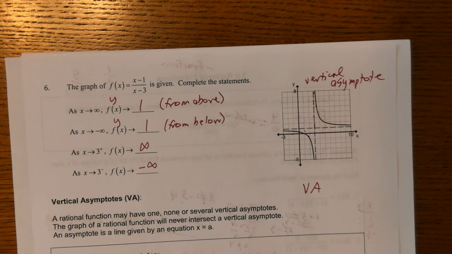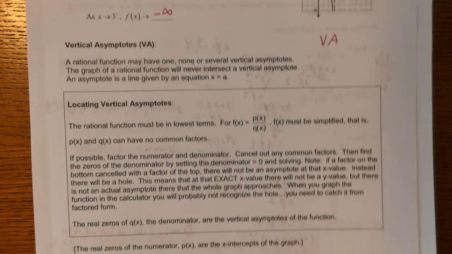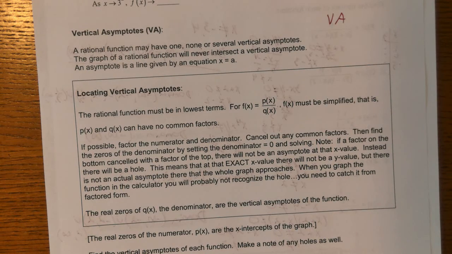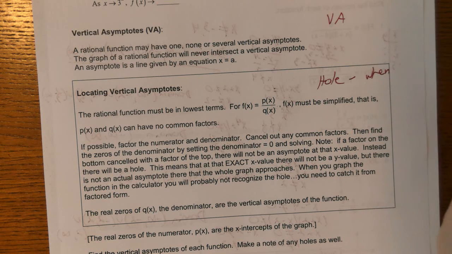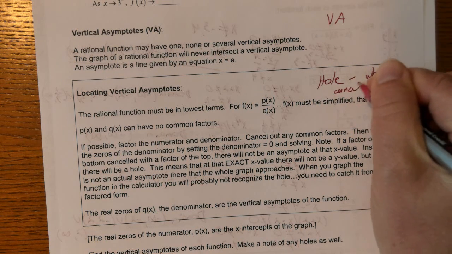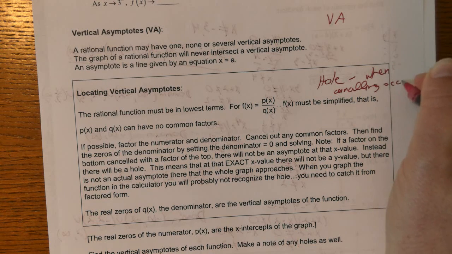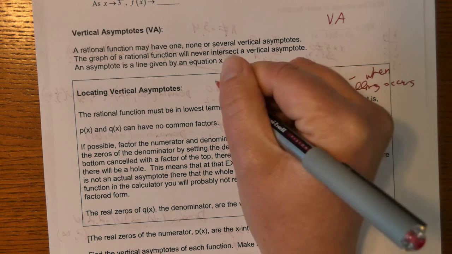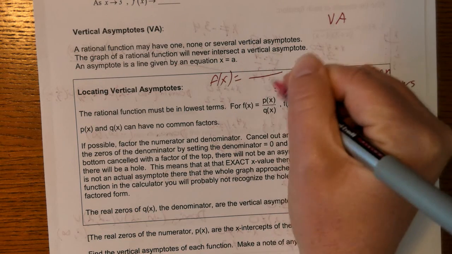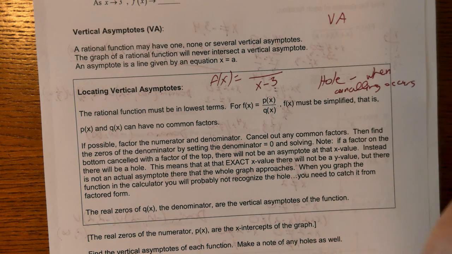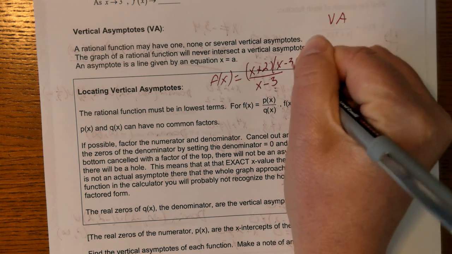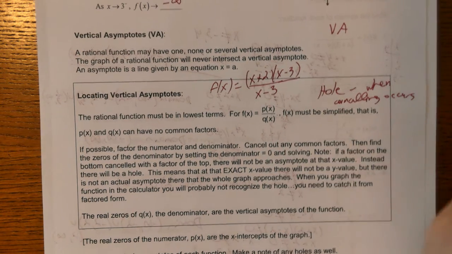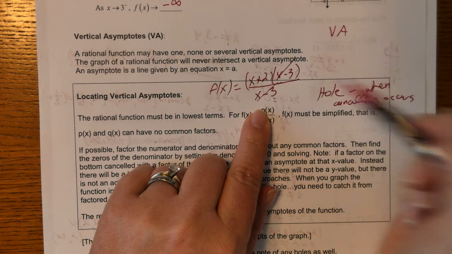Now, there is one little exception to that, and that is something that we call a hole, okay? Holes occur when canceling occurs. So in other words, if my function f of x had had an x minus 3 in the denominator and an x minus 3 in the numerator, the x minus 3's would cancel.